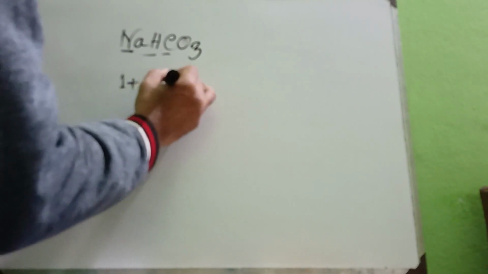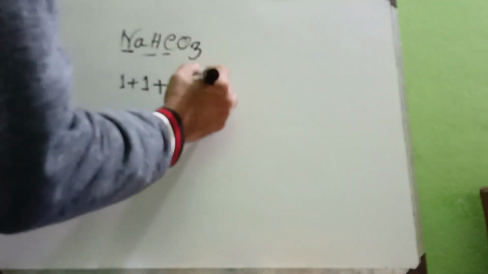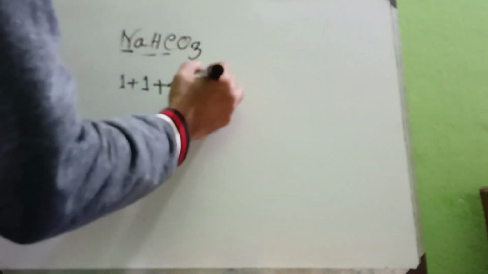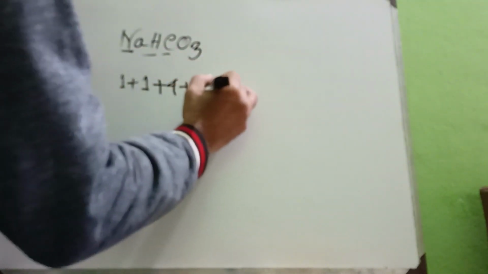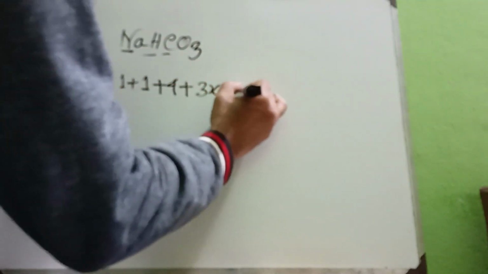Now we find out valency of oxygen. So we can write valency of sodium 1, valency of hydrogen 1, valency of carbon 4. Instead of oxygen, we have to write X. Here is 3 atoms, so we write 3X equals to 0.